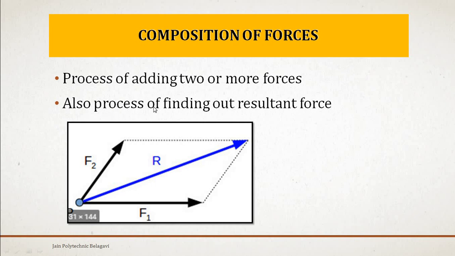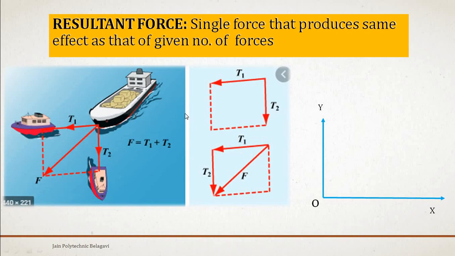You can also define it as the process of finding the resultant force. The resultant force can be said to be the composition of forces. Next, let us concentrate on what exactly a resultant force is. You can observe in the figure there is a ship and two boats moving in two directions.